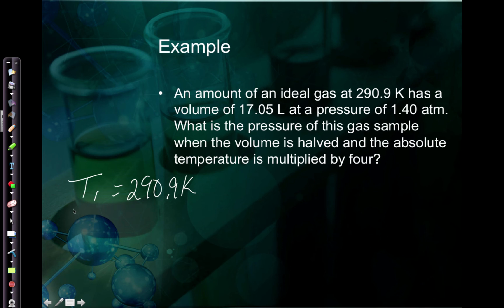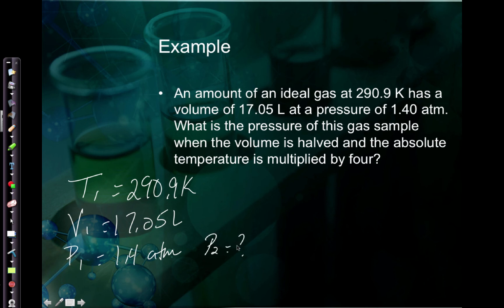I know that at that temperature the volume is 17. I also know that the pressure is 1.4 ATM. So I'm looking for the new pressure if the volume is halved and the temperature is multiplied by 4.